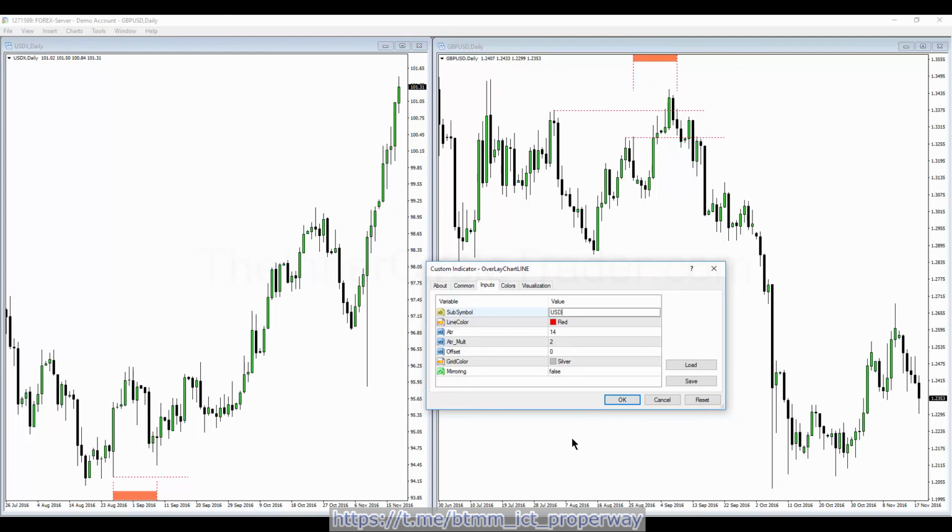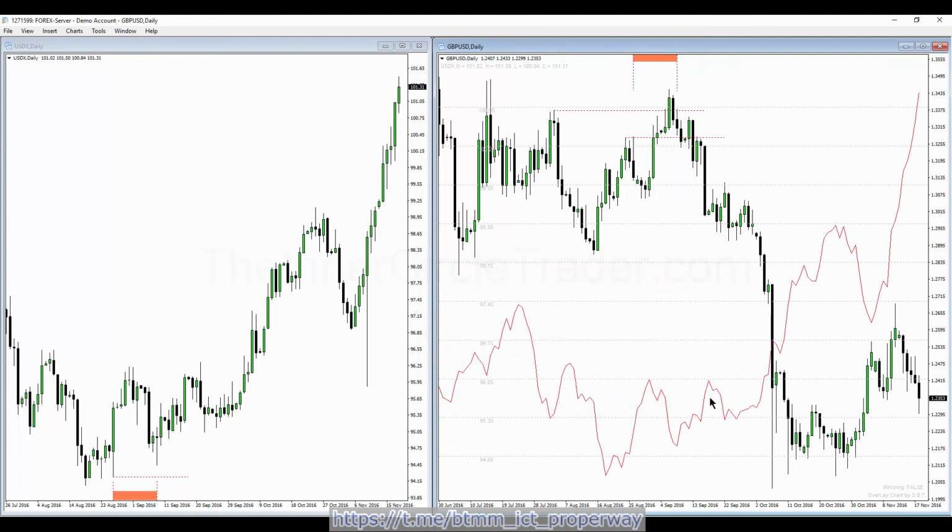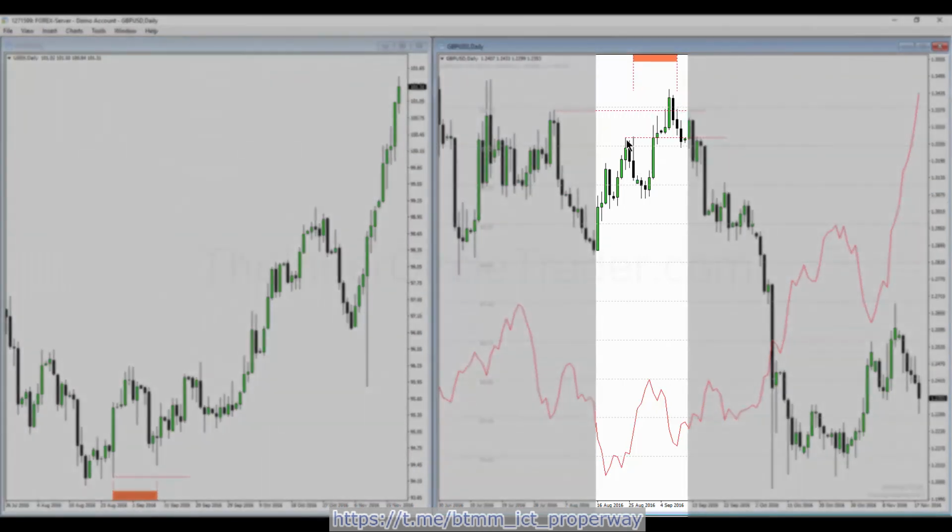So capital letters, and we're going to leave everything as it is here. You can see in here we see price making that higher high. At the same time, the dollar index was failing to make that lower low.